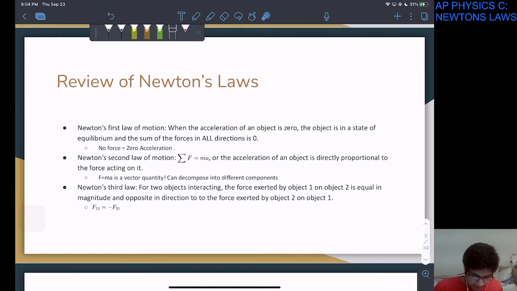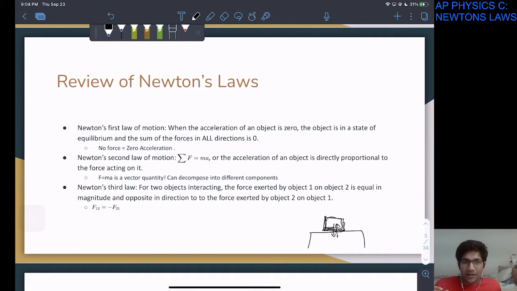And Newton's third law, which is for two objects interacting: the force exerted by one is equal in magnitude and opposite in direction to the force exerted by the other. So a classic example of this is a box sitting on a table, where the weight of the box exerts a downward force on the table, and then the table will exert an upward force on the box called a normal force.